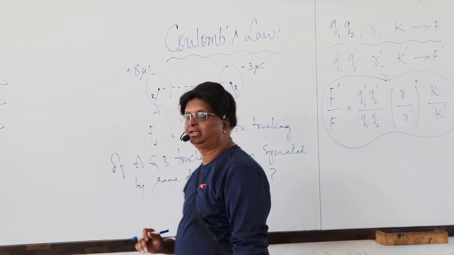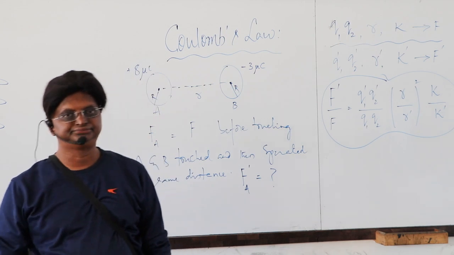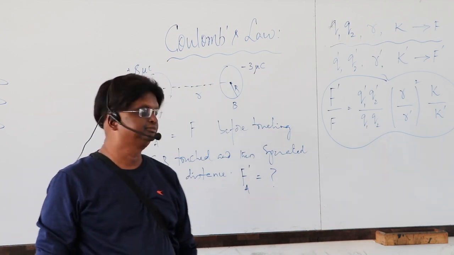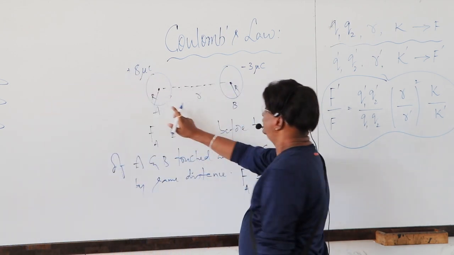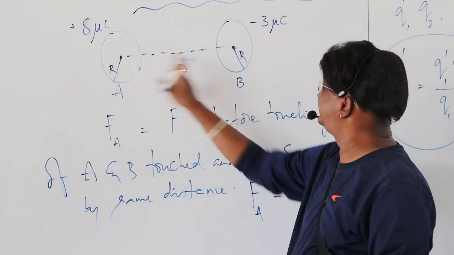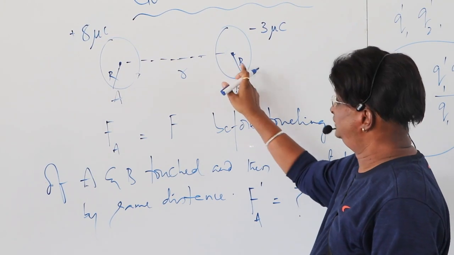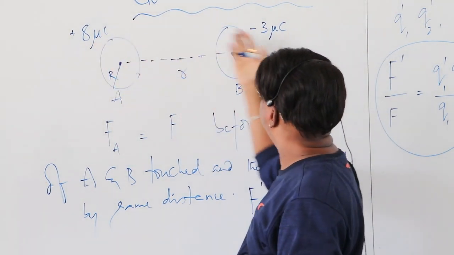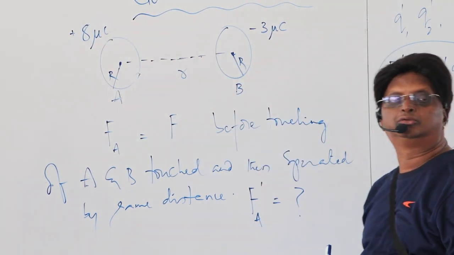Here I am with two simple examples for the Coulombic force. Look at this example that I have shown. Here A and B are two conducting spheres. We have shown the same size, radius being the same, with charges 8 microcoulomb and minus 3 microcoulomb.